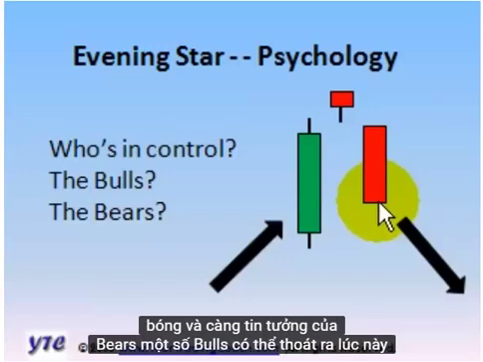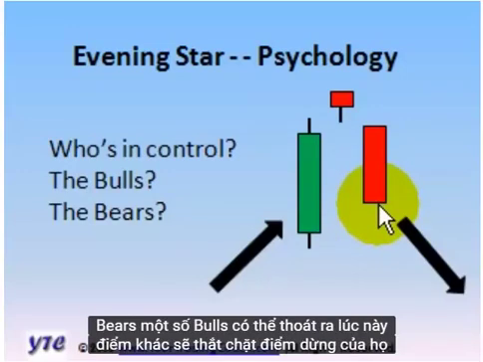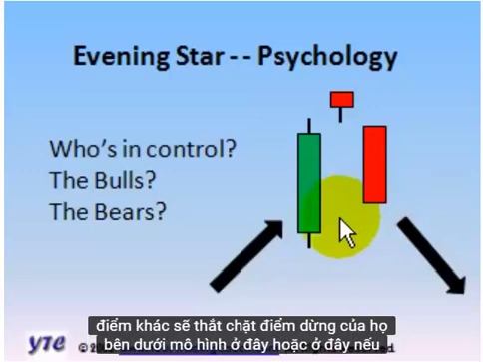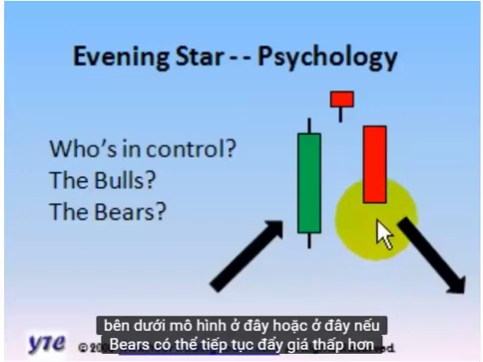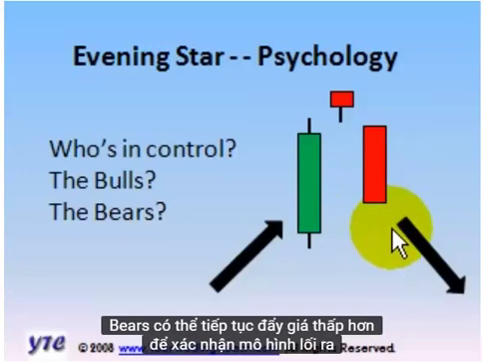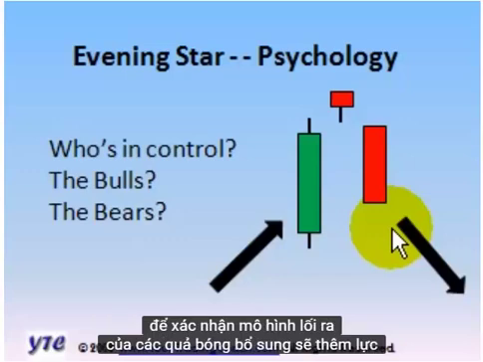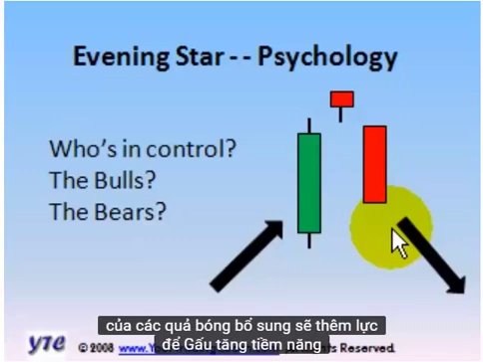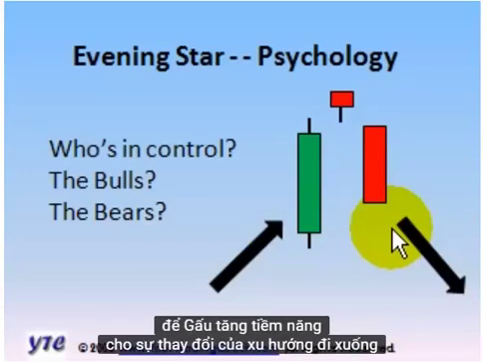Some bulls may exit at this point, others will tighten up their stops below the pattern, here or here. If the bears can continue to push price lower for confirmation of the pattern, the exit of the additional bulls will add force to the bears, increasing the potential for a change of trend in the downwards direction.